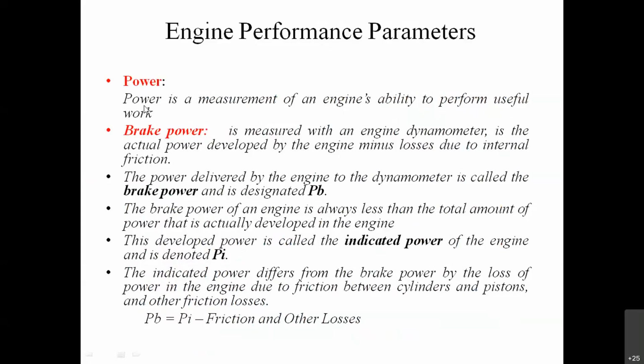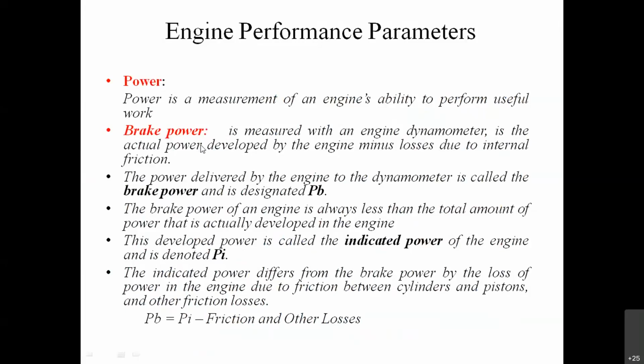Brake power. So what is the difference between power and brake power? The actual power generated by the engine is not the same as the power given to the drive shaft. There will be some losses because of friction between your piston and cylinder, and because of various linkages between crankshaft and drive shaft.